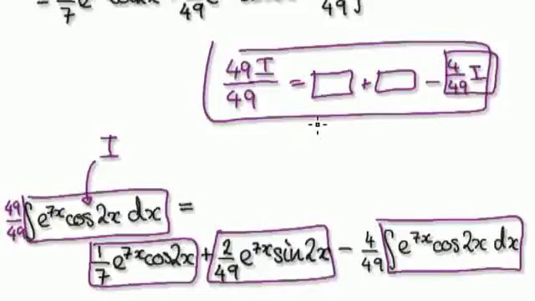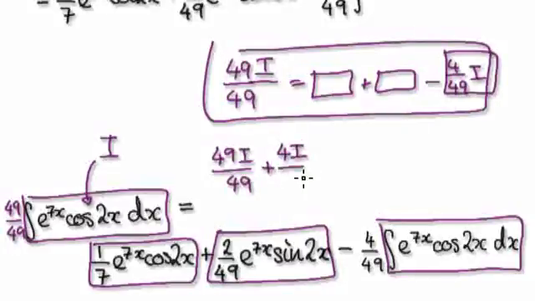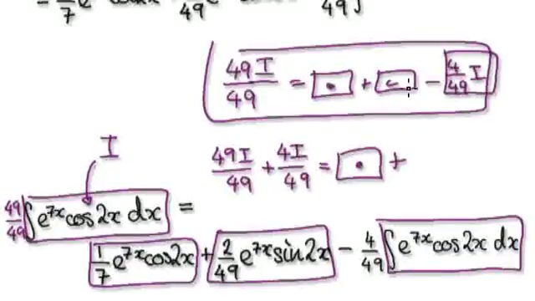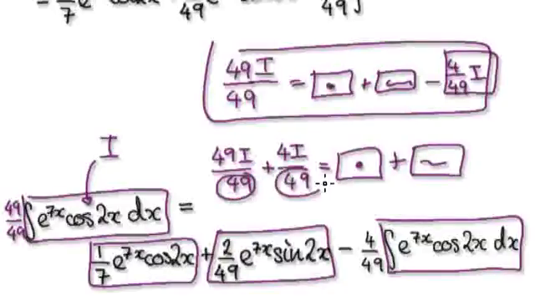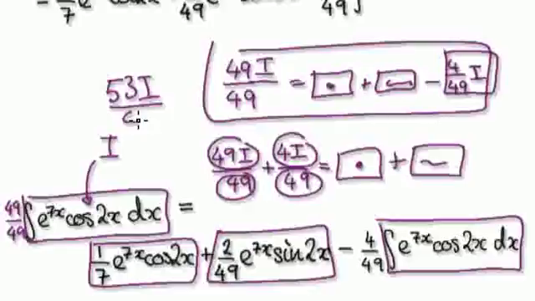Well, if you add this thing to both sides, you will have this 49I over 49, and then remember you're adding this thing here, so it'll be 4I over 49 equals this block here, and then plus this block here. Okay, so look at this, same denominator, so you can merge these two together to give you 53 capital I over 49. Okay, on this side.